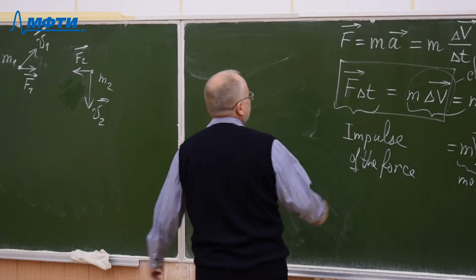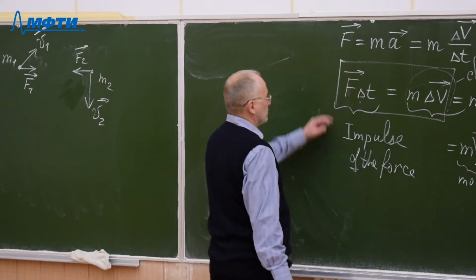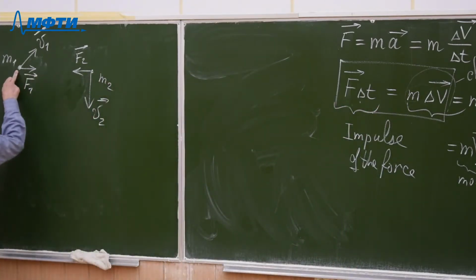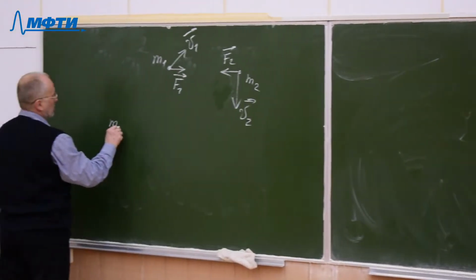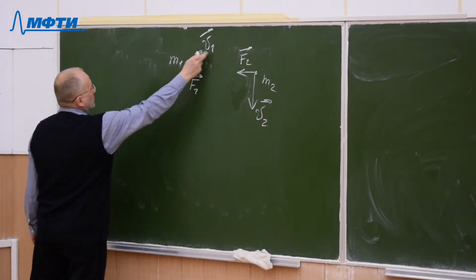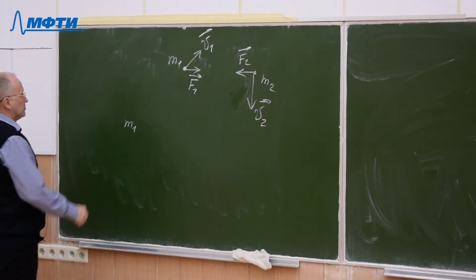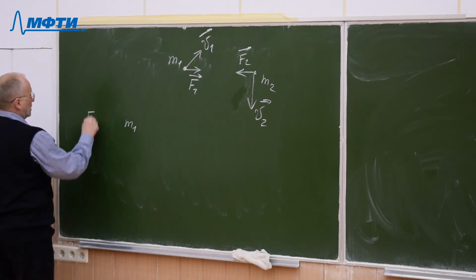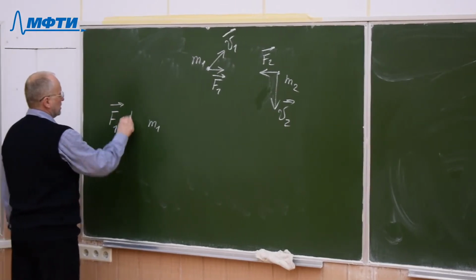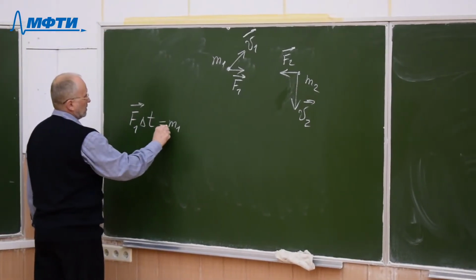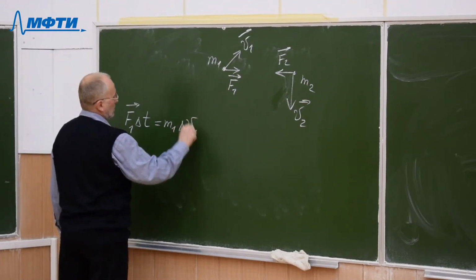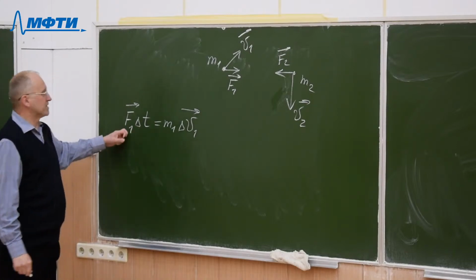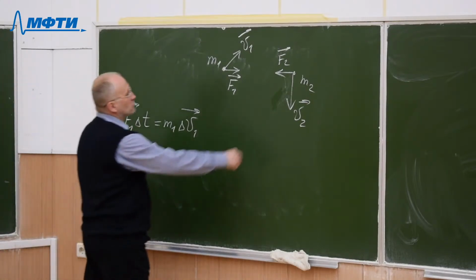Let's consider the equation for the change of momentum of each particle. The first particle has a momentum m1 times v1. During a short time interval delta t, the momentum of the first particle will change according to the force acting on it. And the same is true for the second particle.